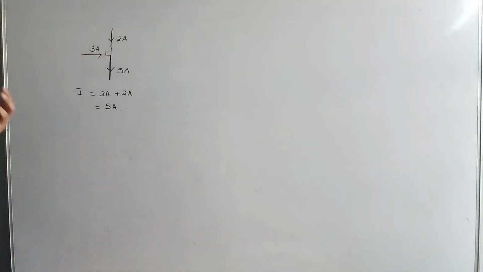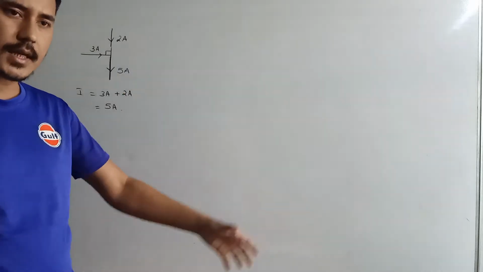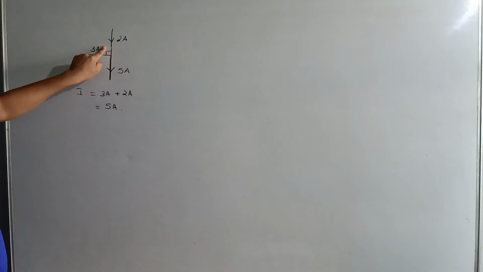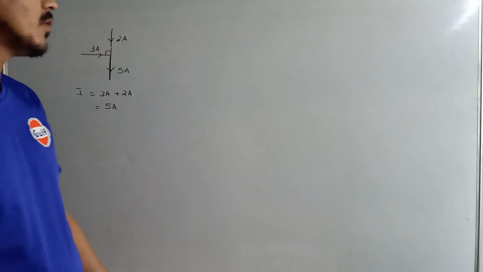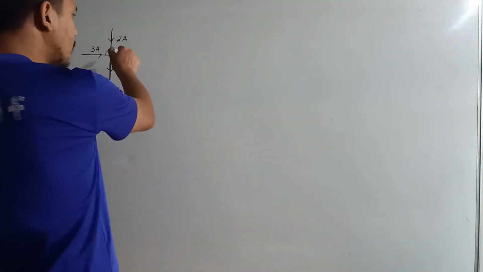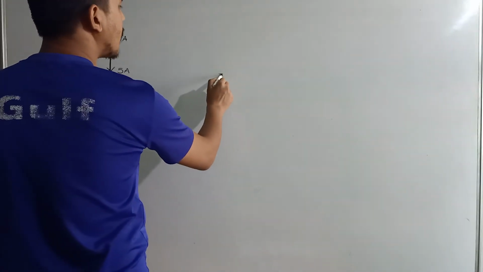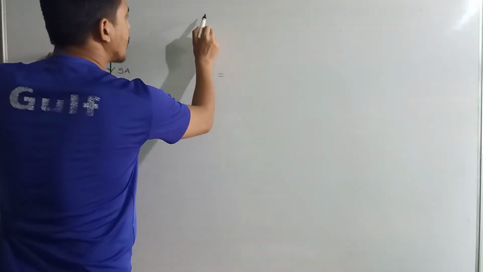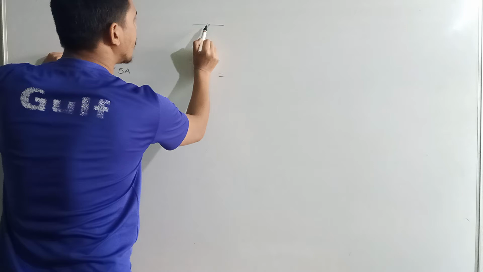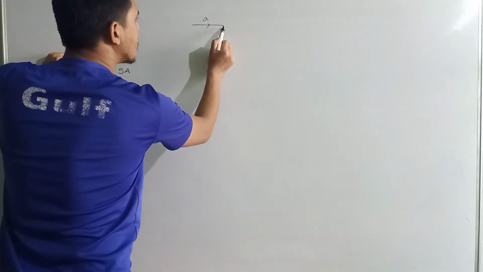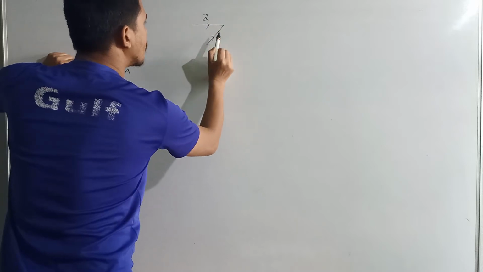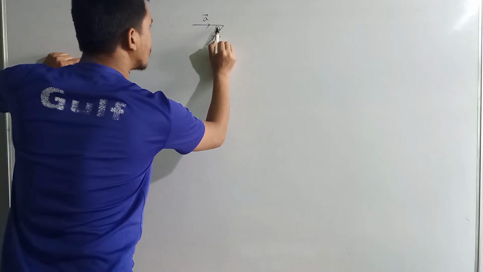So the current simply adds up like a scalar quantity and does not depend upon the angle. That means they do not follow the law of vector addition. According to the law of vector addition, suppose this is one vector A, and this is another vector B, and the angle between the two vectors is theta.